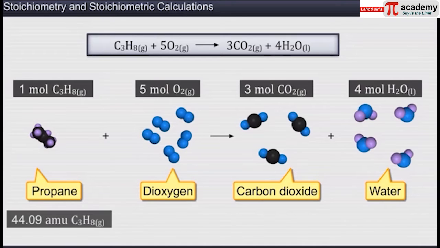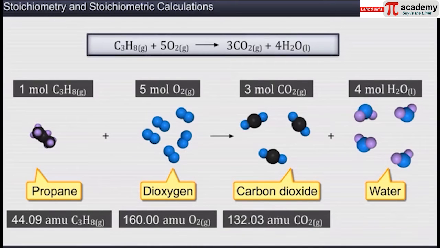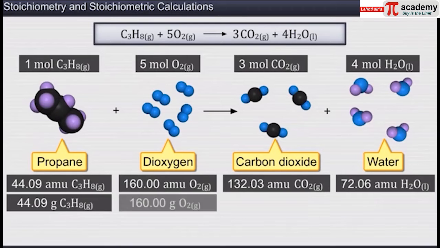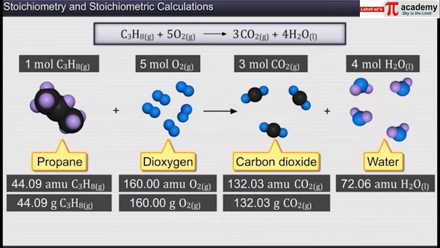Similarly, 44.09 atomic mass unit of propane gas reacts with 160 atomic mass unit of dioxygen to give 132.03 atomic mass unit of carbon dioxide and 72.06 atomic mass unit of water, and 44.09 gram of propane gas reacts with 160 gram of dioxygen to give 132.03 gram of carbon dioxide and 72.06 gram of water.